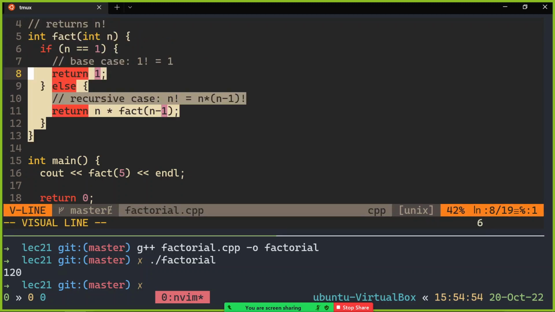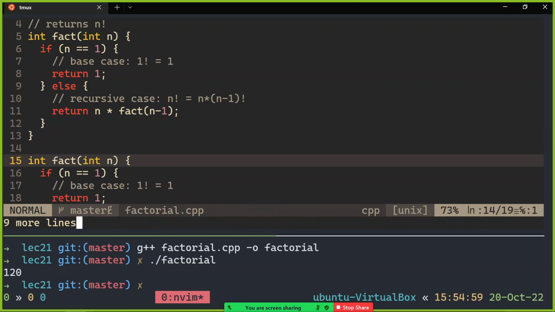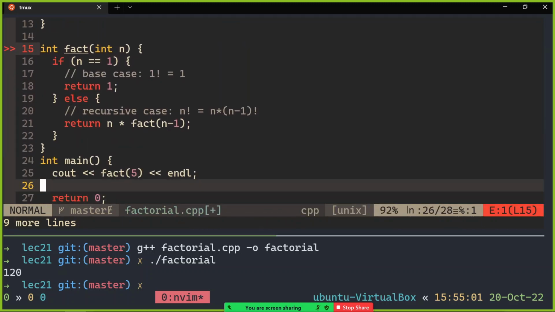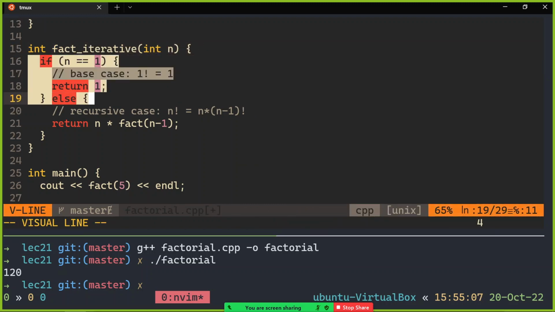So fact iterative. The other way to do this would be using loops, right?